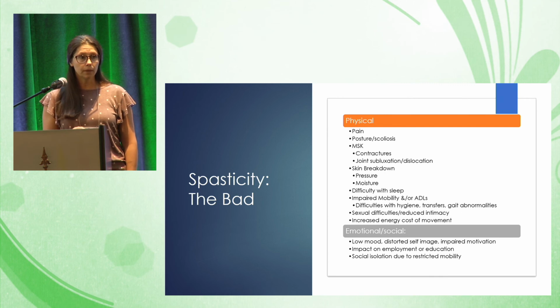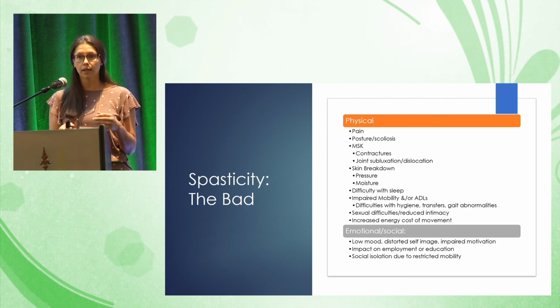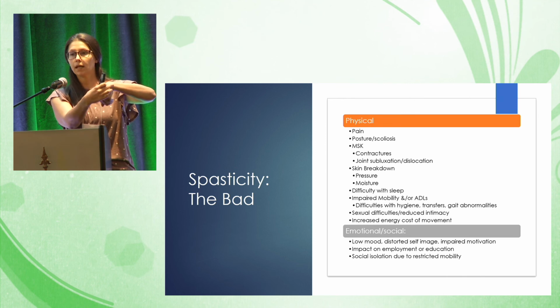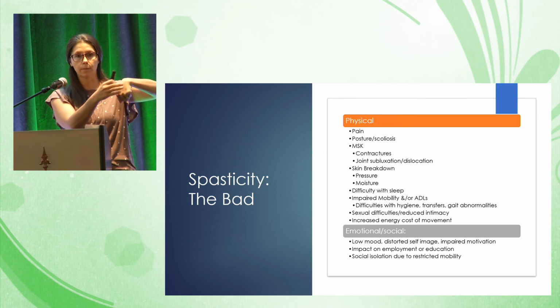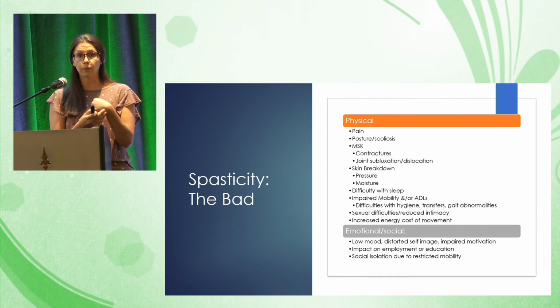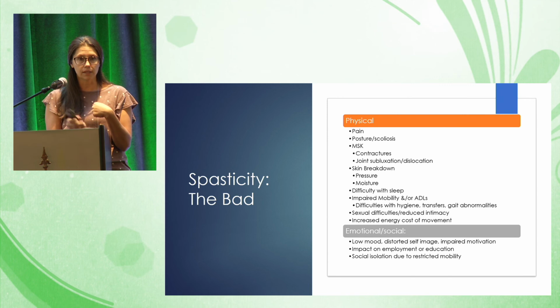Skin breakdown can happen a couple of different ways. Muscle spasticity can pull a joint, and if you lose the mobility in that joint, say here in your wrist, you're flexed, it puts a lot of extra pressure across some of the bony prominences. That extra pressure is prone to breakdown, prone to trauma, and so you can have skin-related issues from that direction.